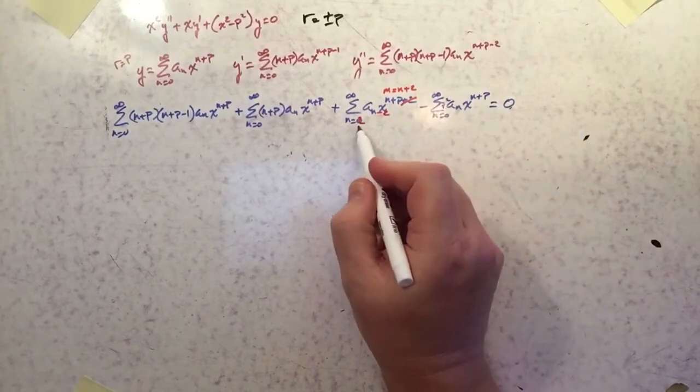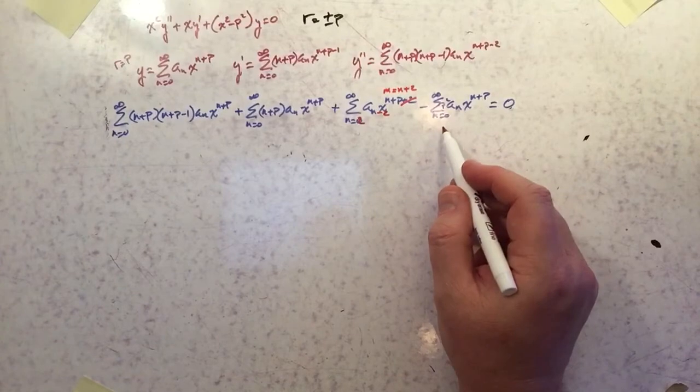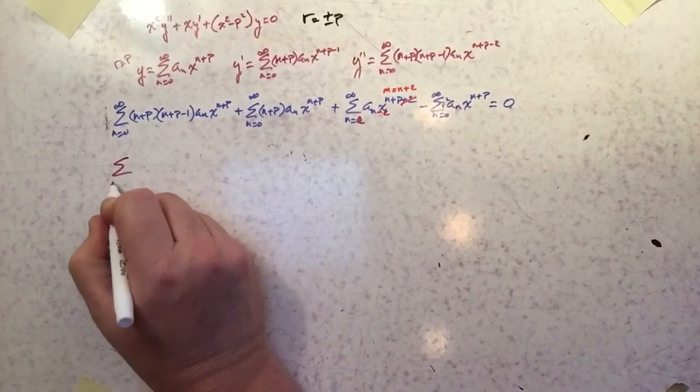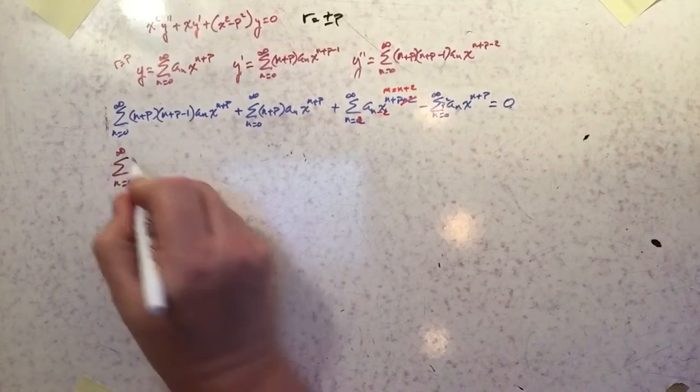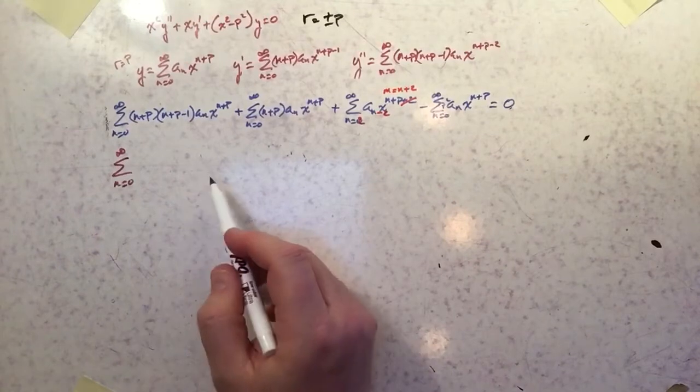Okay, now what we're going to do is rewrite the series in terms of its new exponent. The only problem is this one doesn't start till 2, but the other 3 start at 0. So what I want to do is basically break it into 2. Summation n equals 0 to infinity. I'm going to put all these parts together that all start at 0.